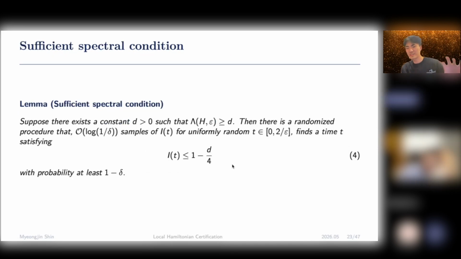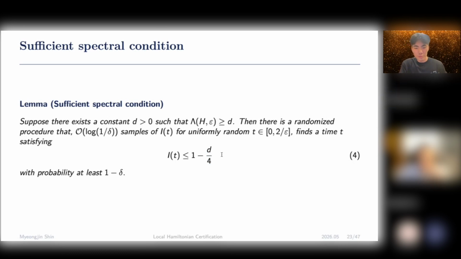The reason for that is we have this lemma. More formally, if that proportion quantity is bigger than some constant d, then for random selection of t, we get the guarantee that the probability of sampling the identity element from the Bell sampling is always less than 1 by this difference, d over 4.